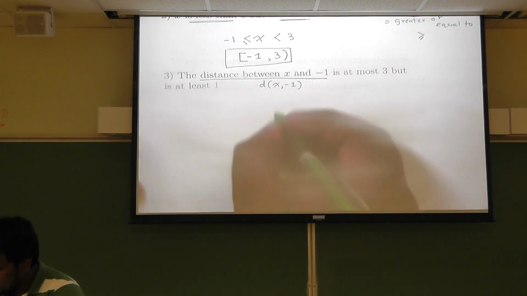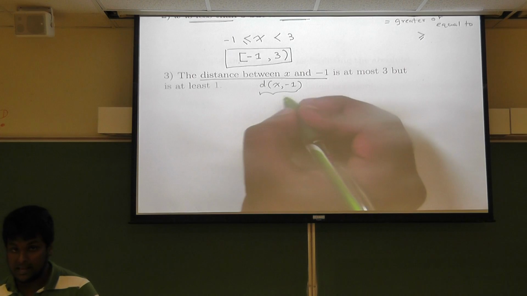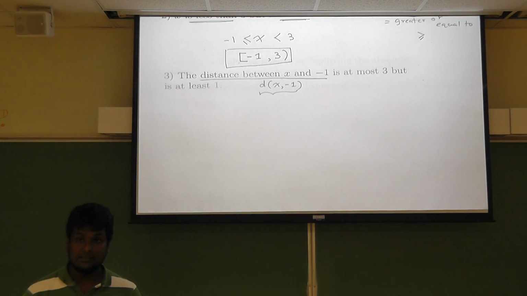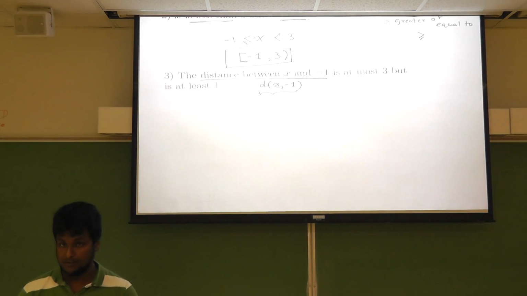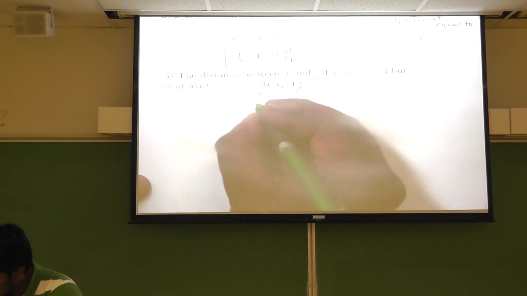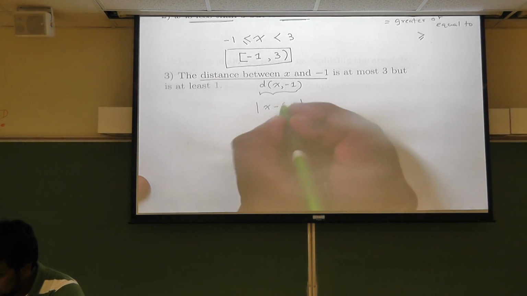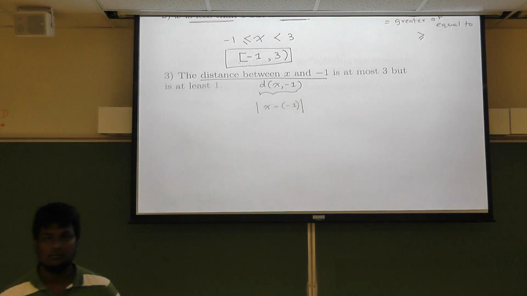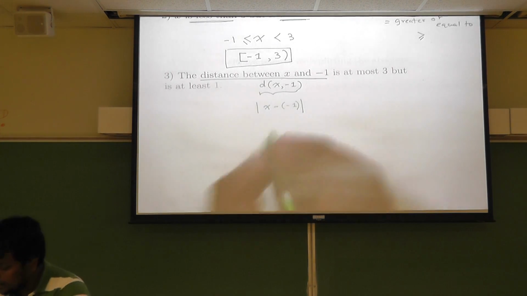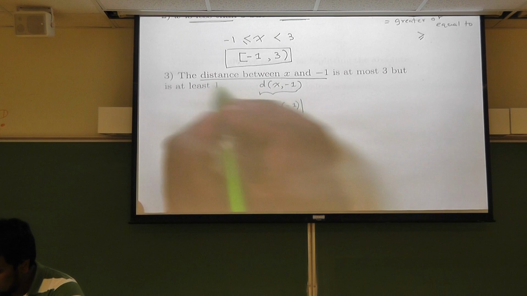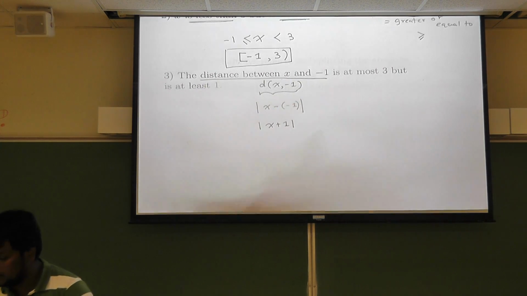As you learned in class again, the distance between two numbers is the absolute value of their difference. So the absolute value of x minus -1, which is just the absolute value of x plus 1. That's what we have when it says distance between x and -1.